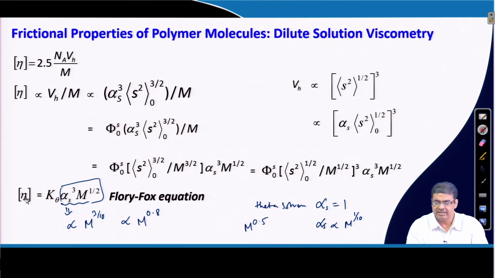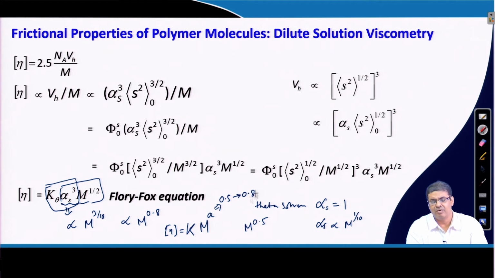So, if you take these two constants together and write eta is equal to some other constant times M to the power a, then a would vary from 0.5 for a theta solvent to 0.8 for an expanded coil in a good solvent.